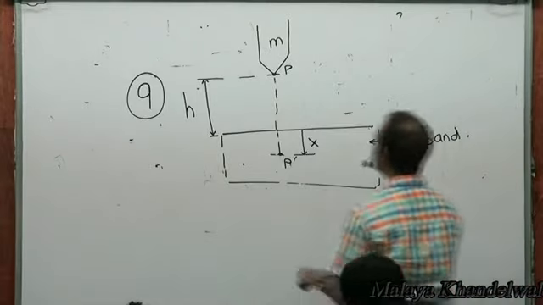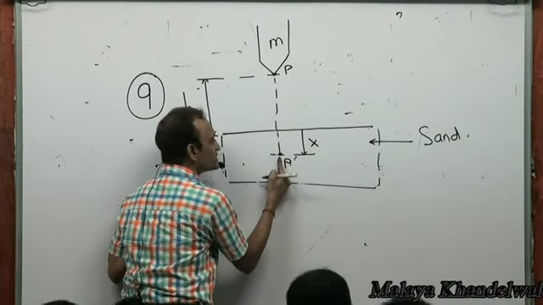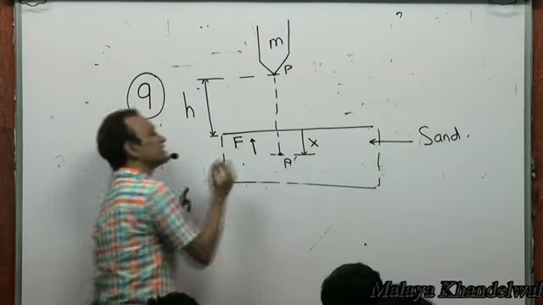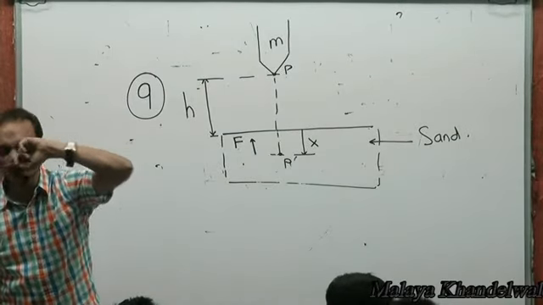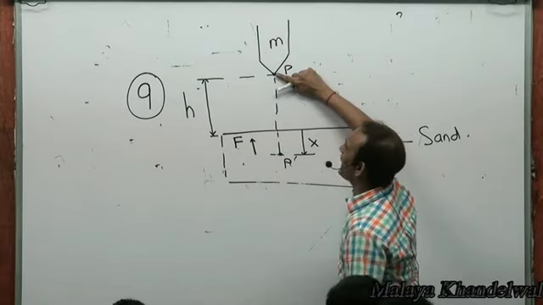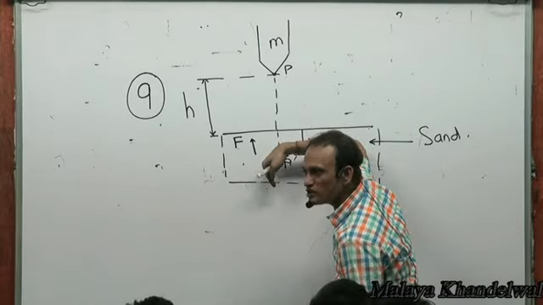Okay. The first thing that I want to do here is, let's say F is the average resistance offered by the sand and it's going to be upwards, yes or no? So that F will act on the nail upwards during this penetration regime.